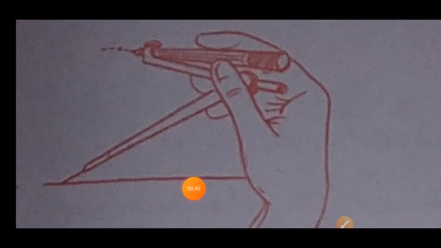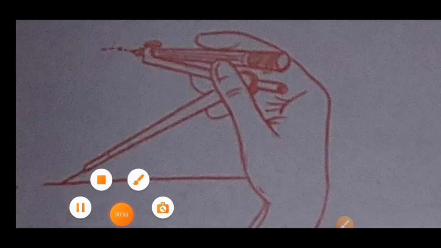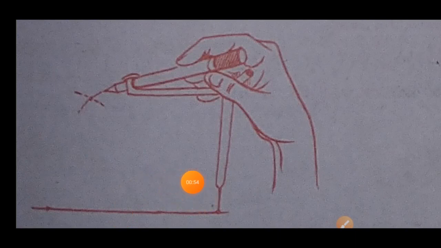First we draw the baseline of 3.5 centimeter, then we open our rounder 4 centimeter and draw the one arc from this point. Now we draw one more arc from the next point, from this point, with the help of rounder like this. This cut the previous arc at this point.